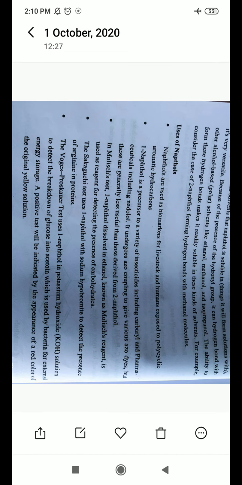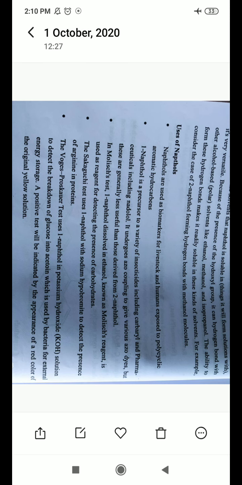Okay, in this concern, 2-naphthol is more useful than 1-naphthol. Then in the Molisch test, 1-naphthol dissolved in ethanol, known as the Molisch reagent, is used as a reagent for detecting the presence of carbohydrate. You might have studied this in first year biochemistry.